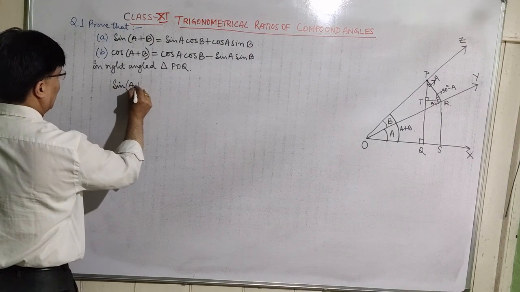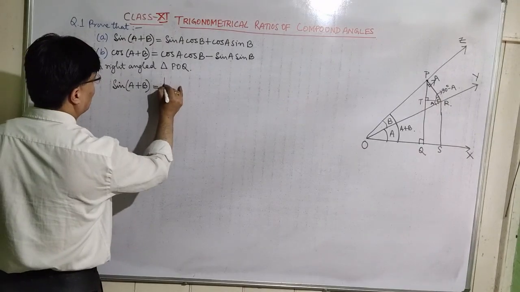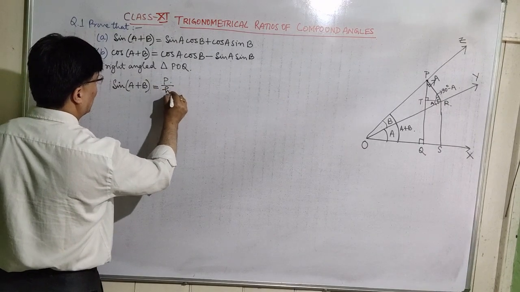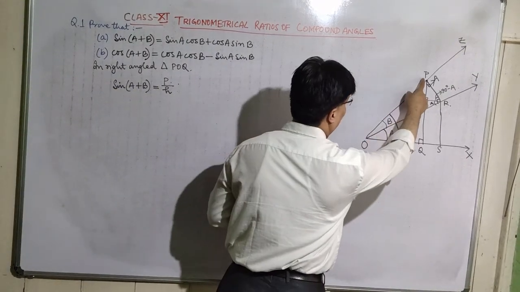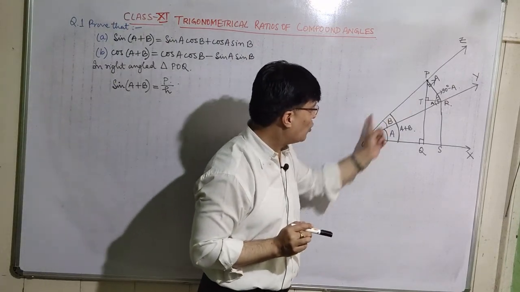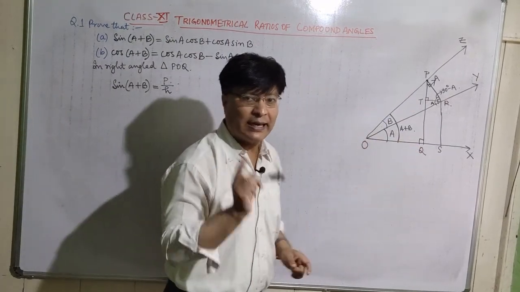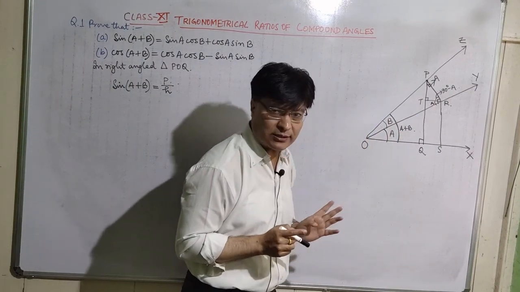Sine of A plus B is equal to, what is the formula? It is perpendicular by hypotenuse. Okay. So in this case, triangle POQ is considered. That is a right angle triangle POQ is considered. And in this case, again this angle A plus B is considered.